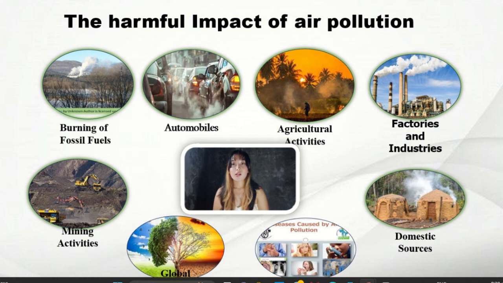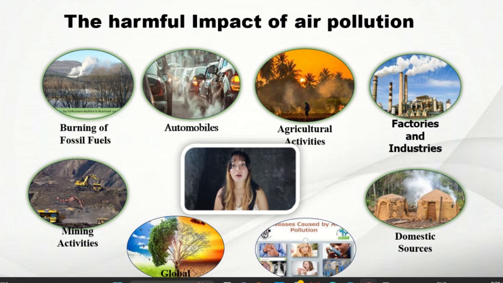In the mining process, the minerals present below the earth are extracted using large pieces of equipment. The dust and chemicals released during the process not only pollute the air but also worsen the health of workers and people living in nearby areas.